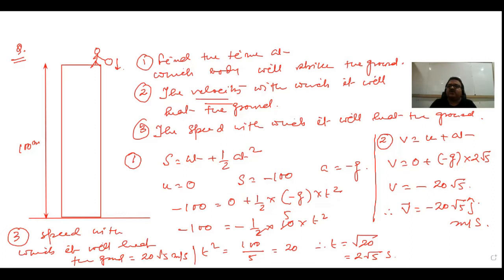Now, I'm going to show you another problem. Let me show you a mixed problem, correct? Okay. Suppose, think about a balloon, which is ascending with a constant velocity of, say, for example, 10 meter per second.